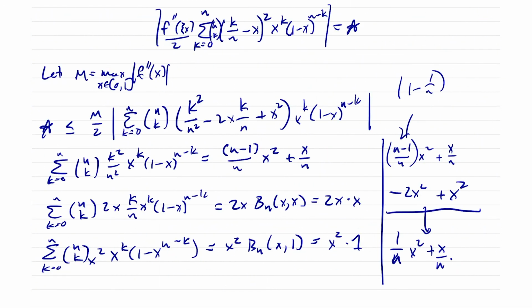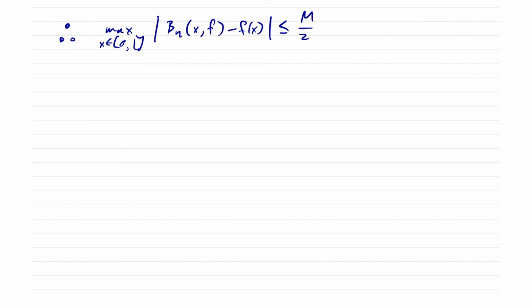So let's put it all together. Therefore, the maximum for x in [0, 1] of the absolute value of B_n(f)(x) minus f(x) is less than or equal to M over 2 times 1 over n times x squared minus x.